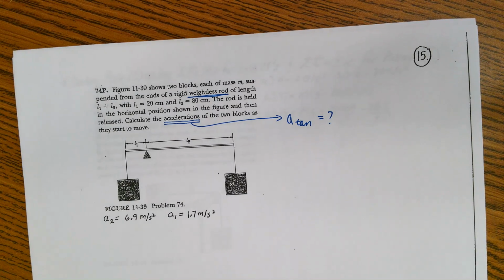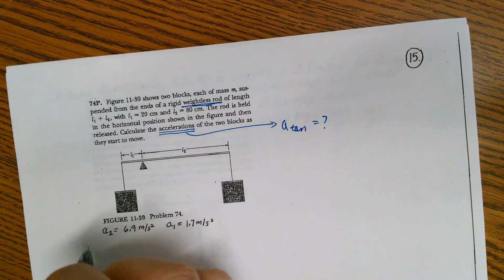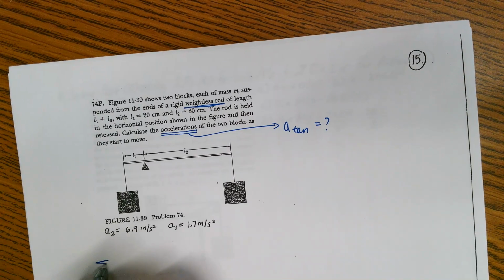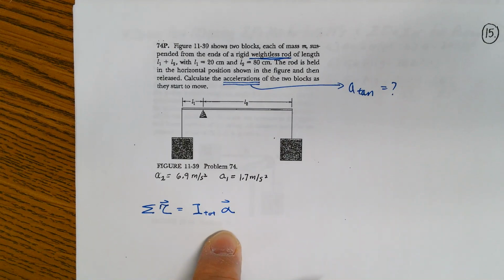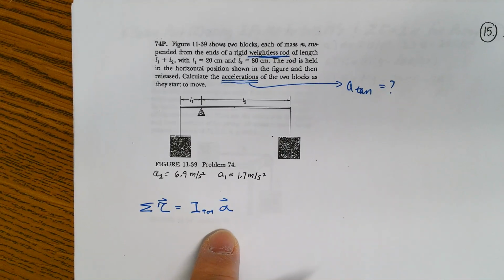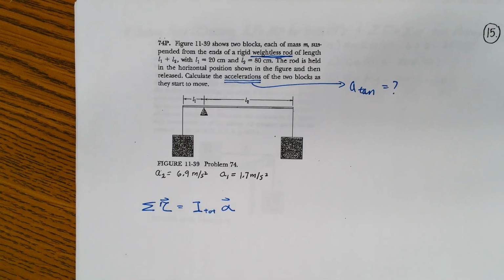I always like to start with Newton's second law: the sum of all torques is equal to I total alpha. Just like I always start with F equals ma, I like to start with torque equals I alpha.